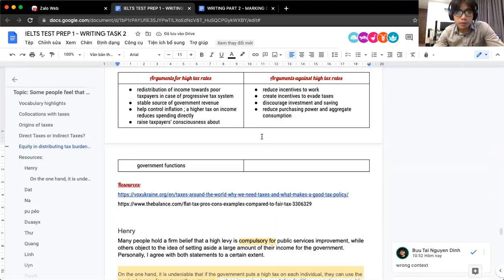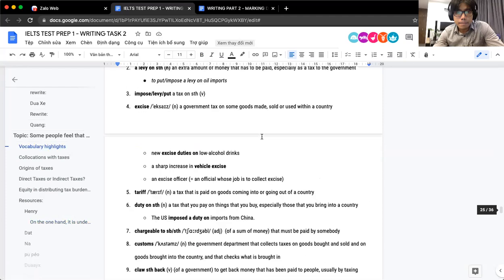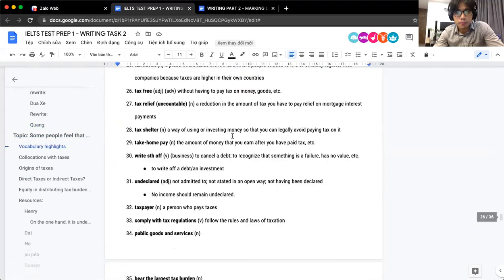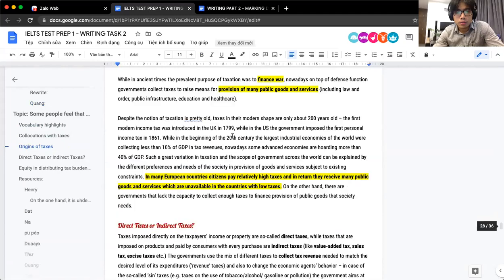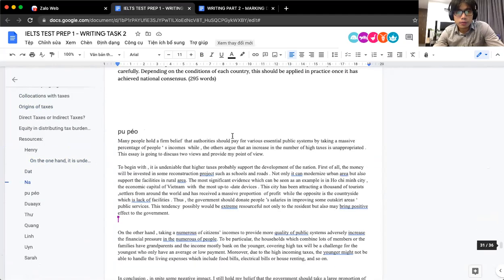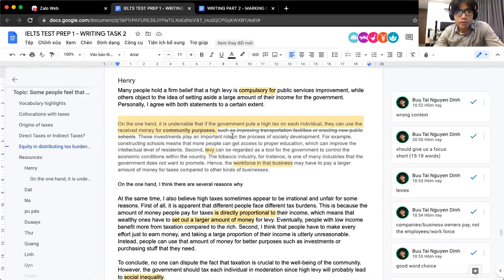Take a large proportion of people's salaries to pay for necessary public services such as roads and schools. So that thing is called direct taxes.